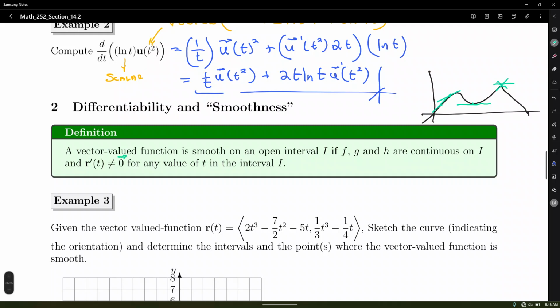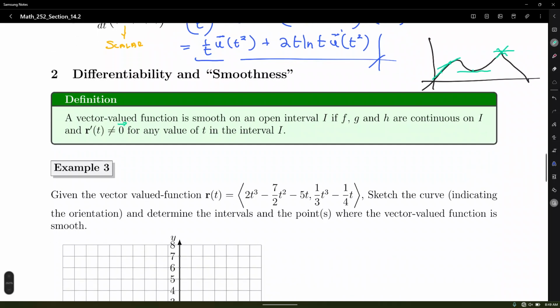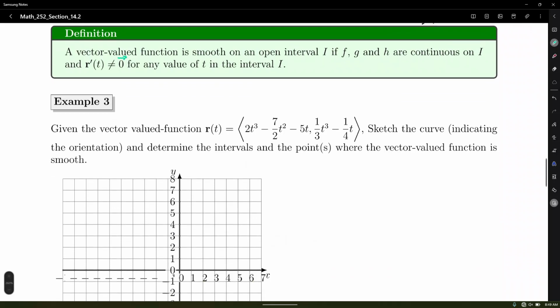In other words, we're going to take the derivative of the vector valued function and set those components equal to 0, and those values of t are the values where the function is not going to be smooth. All right? Okay, so let's have a look at one example.